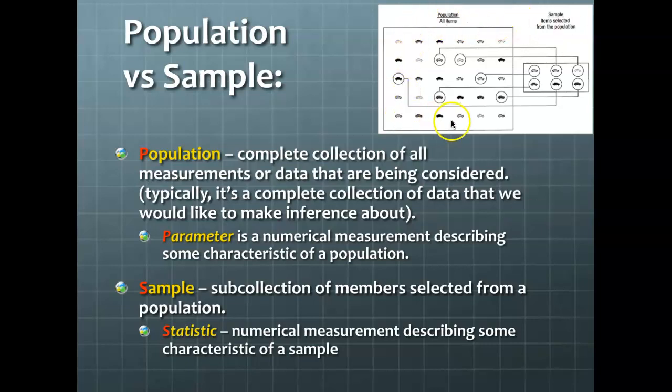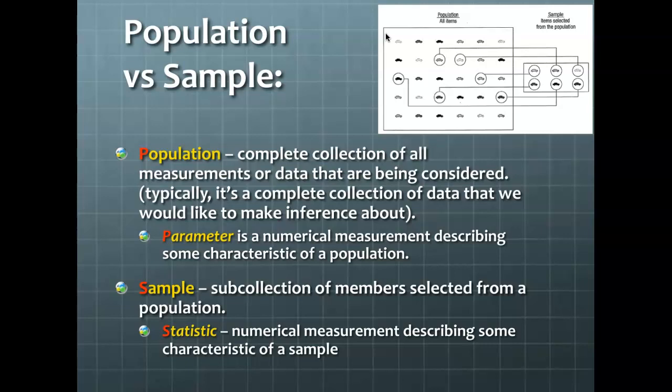So for example, population in this case would be every single car. Let's say we want to make a study about how good Honda cars are. They say that the depreciation of Honda cars is really good. So we cannot observe every single Honda car.